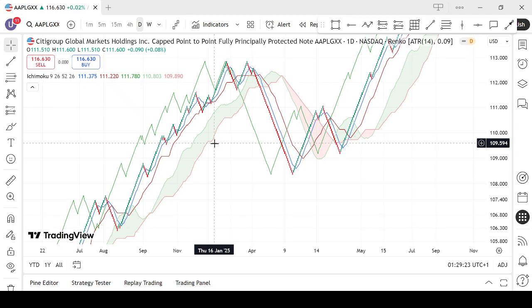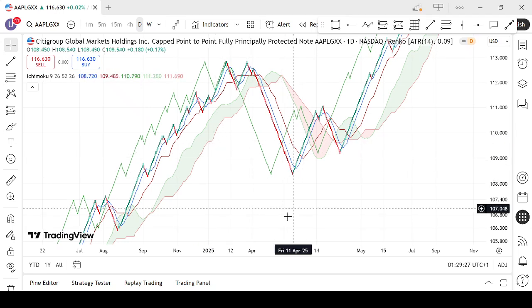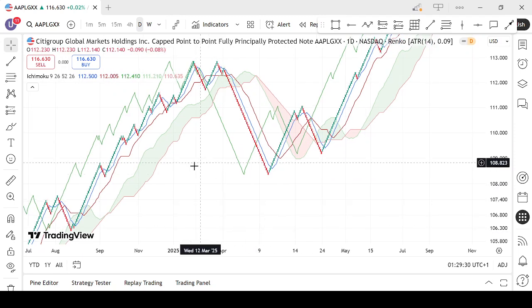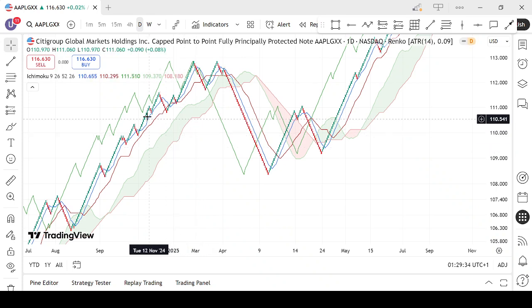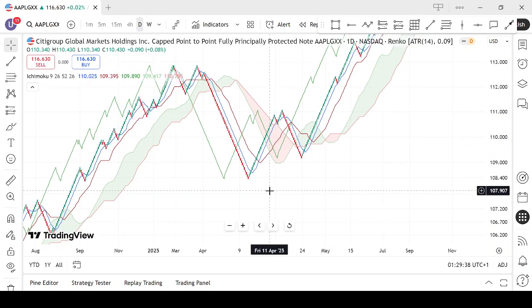The Kumo cloud acts as dynamic support and resistance zones. This is the support and these are the resistance zones. That's how they act on the chart.